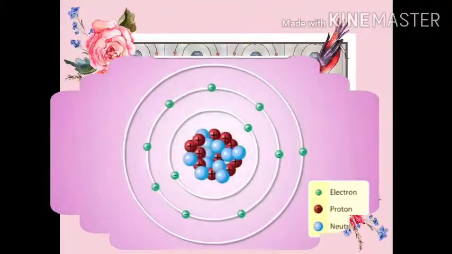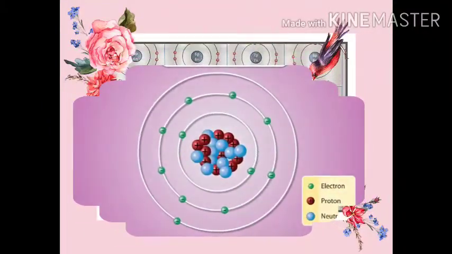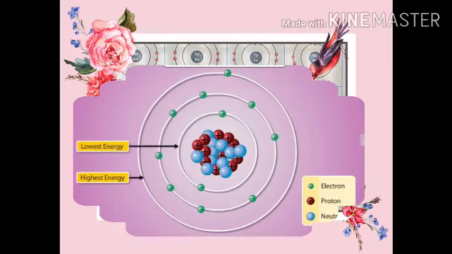According to Bohr's theory, the electrons revolve in fixed orbits or shells around the nucleus at a very high speed, with each orbit associated with a fixed amount of energy. The electrons present in these shells neither lose nor gain energy until some external force is applied on them.